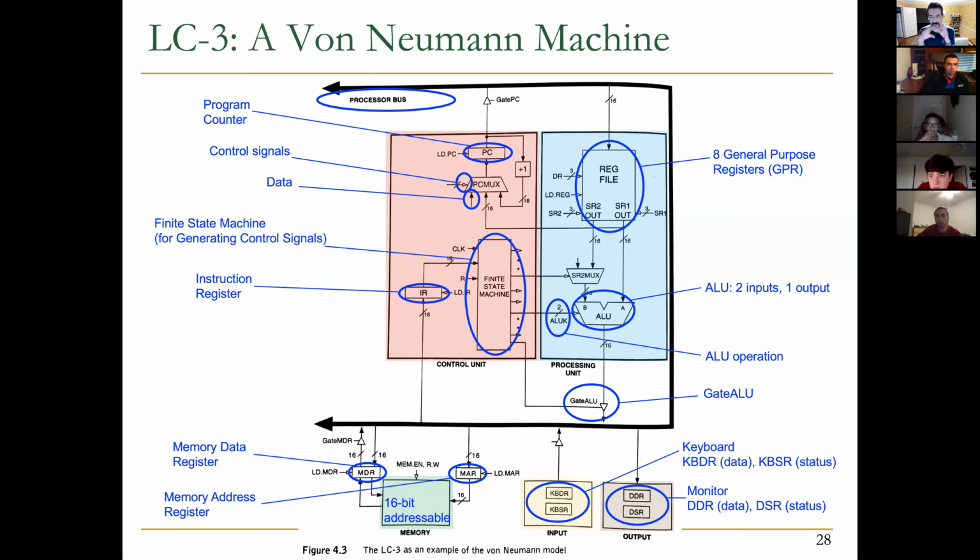So again, the bus is responsible for moving data between different units, right? And you see what components, how they have access to the bus. So for output, you want to read from the bus.